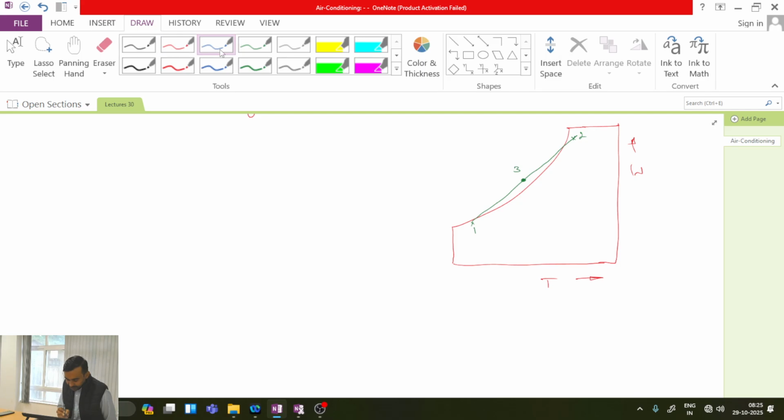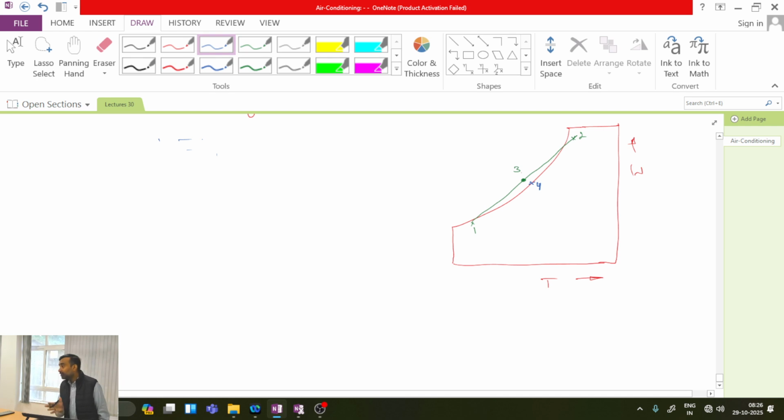I will be getting actually some point on the saturated curve, point 4, corresponding to which I will be getting final moist air which is 100% saturated.